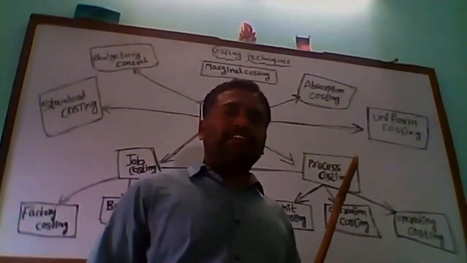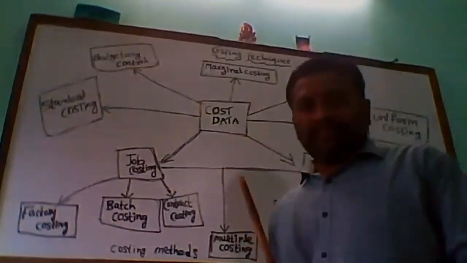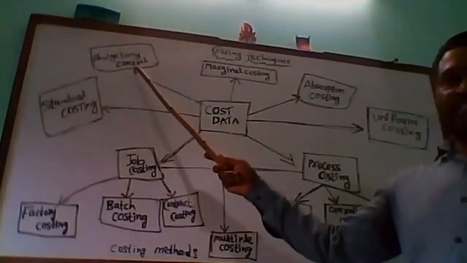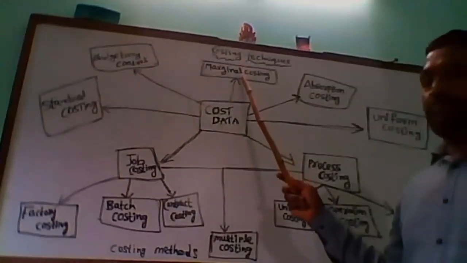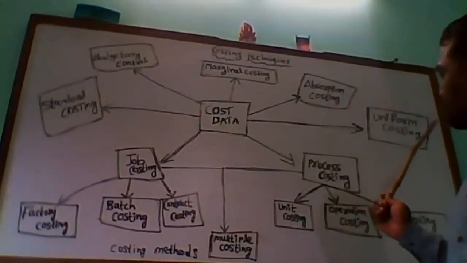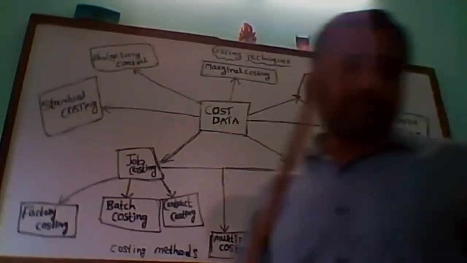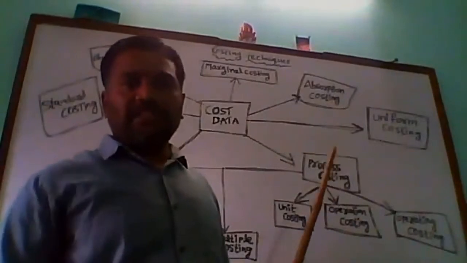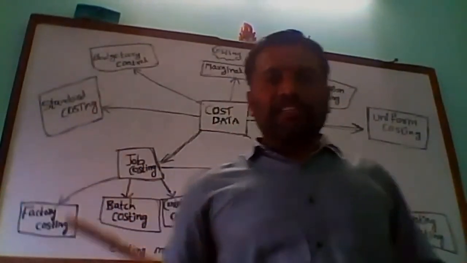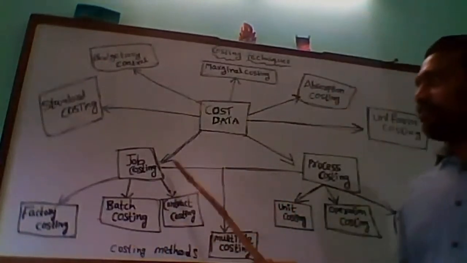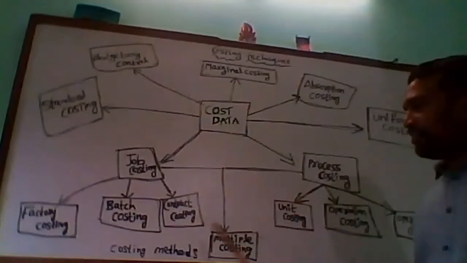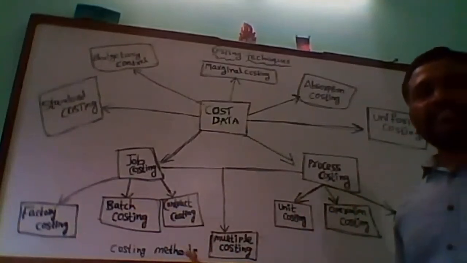So once again, listen here. The costing techniques are standard costing, budgetary control, marginal costing, absorption costing, and the last one, uniform costing. Whereas the cost data is divided into two types: job costing and process costing, and these we call the costing methods.